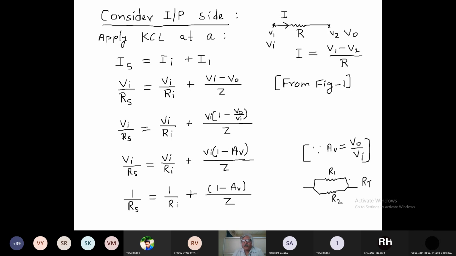If you simplify, you find the value of RT, then you write it this way: 1 by RT is equal to 1 by R1 plus 1 by R2. Because if you simplify this, you get RT as R1 R2 by R1 plus R2.